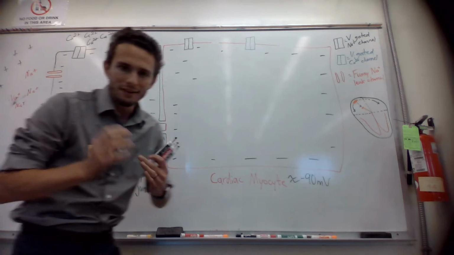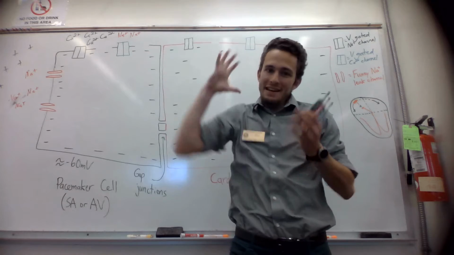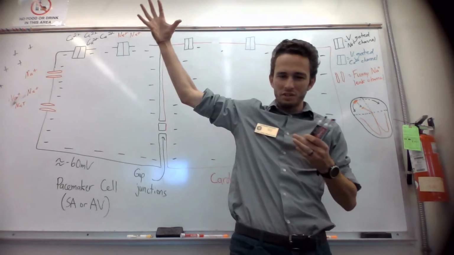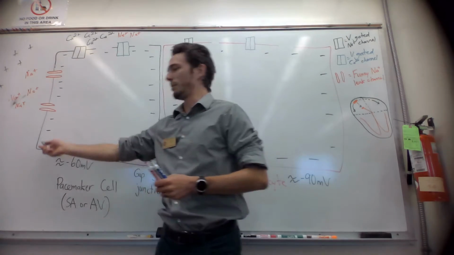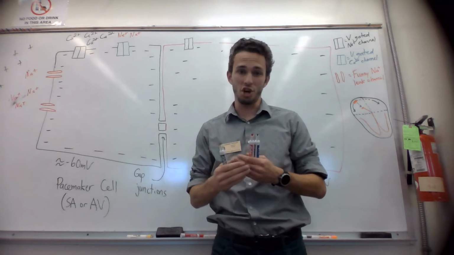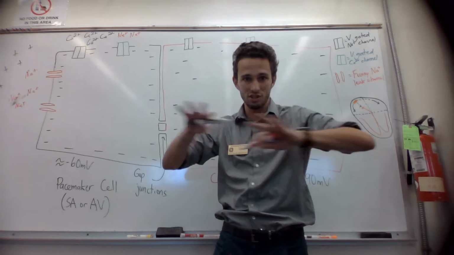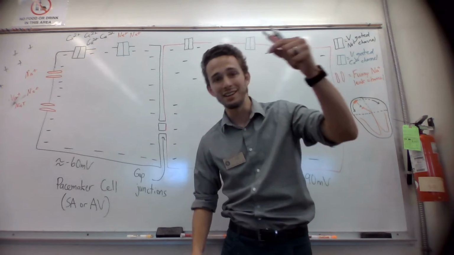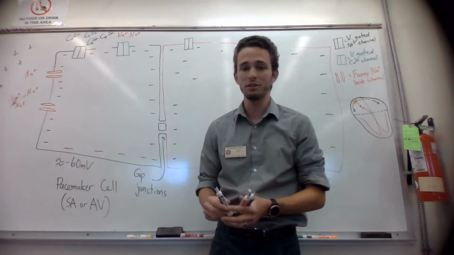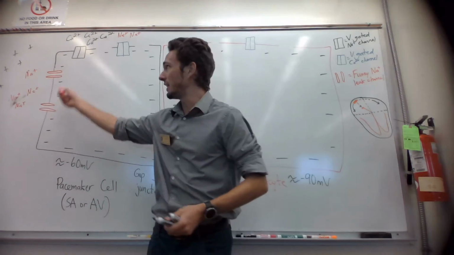Okay, so if there's positive outside, negative inside, the positives want to flow in. Normally they cannot because there's a plasma membrane basically blocking off those charged ions from getting in. So there's this separation of charge inside and out. But in the pacemaker cells, there are channels called funny channels.